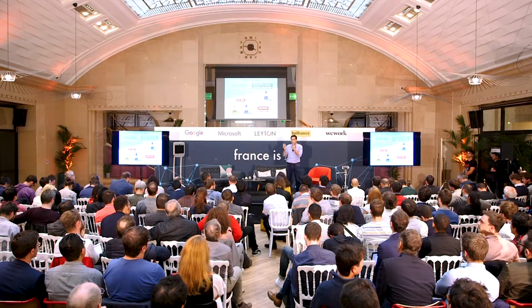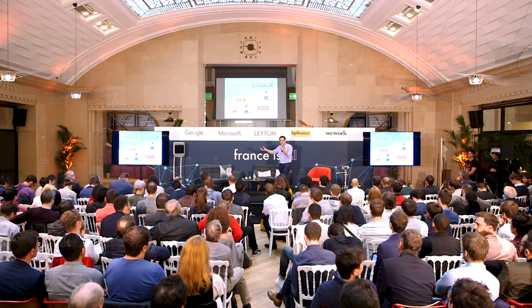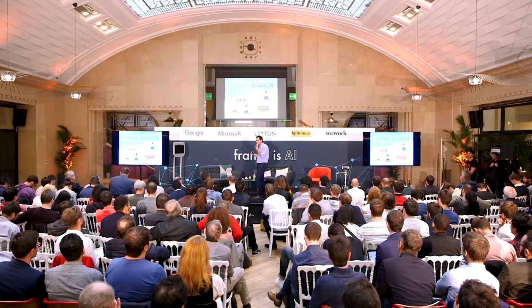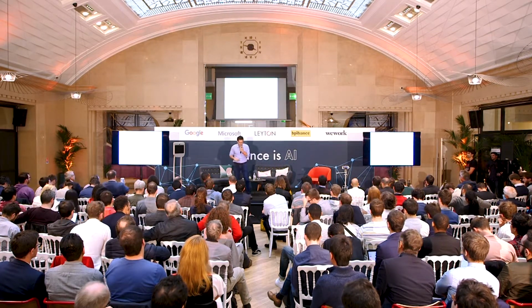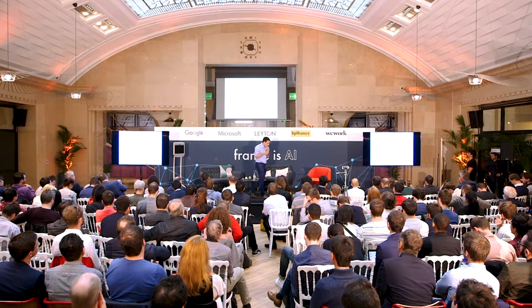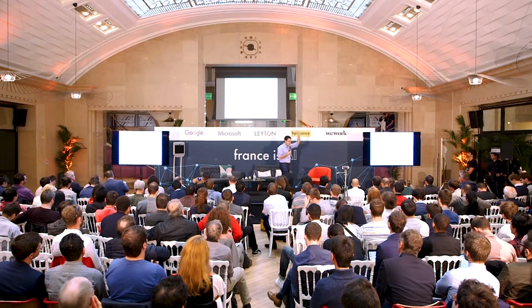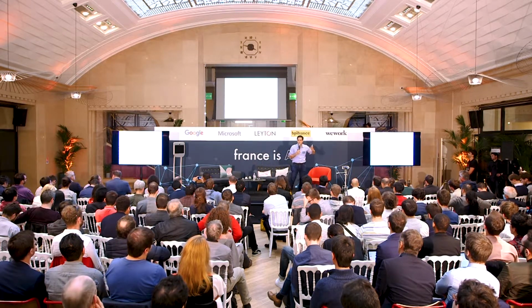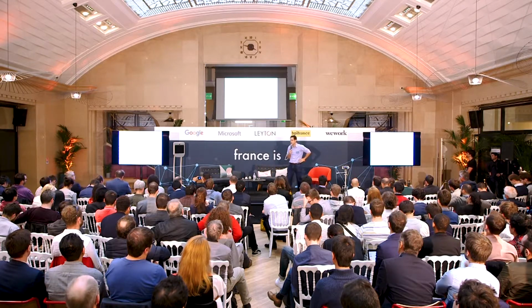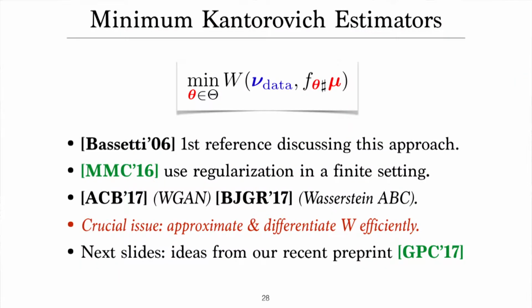So this problem of discrete to continuous is of course very relevant for our GAN, or generative model, estimation problem. Let me just give you a very quick word on this. This idea of doing this minimum Kantorovich estimation was up in the air in late 2006. Then we proposed in a NIPS paper in 2016 a case where we could actually do this in a computationally tractable way.